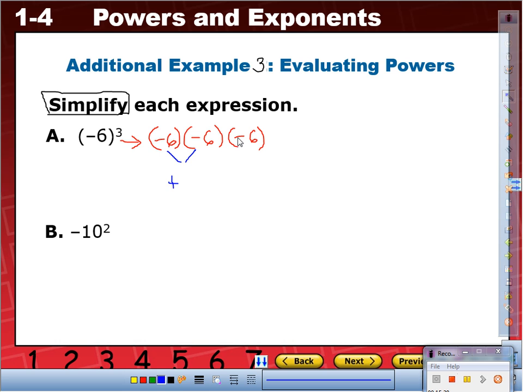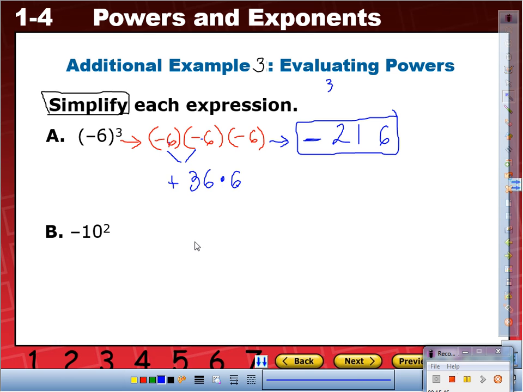Now look at this one and this one. Are they the same sign? No. So that means our answer will be a negative. Are we done with the sign? Okay, now let's focus on computation. What is 6 times 6? 36 times 6. Let's see, 6 times 6 is 36. 6 times 3 is 18 plus 3, that's 21. So that's negative 216.